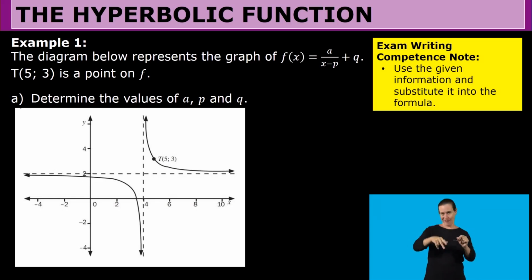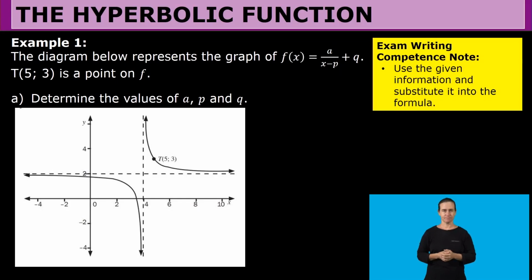So remember, we are going to spend time looking at what we have been given here before we attempt the question. And again, we are going to answer the question by substituting the values that are given in the formula. So looking at the diagram there, we know that p and q are the ones that represent our asymptotes.